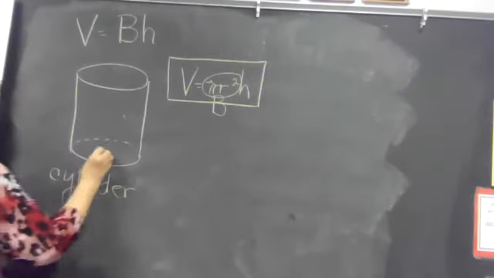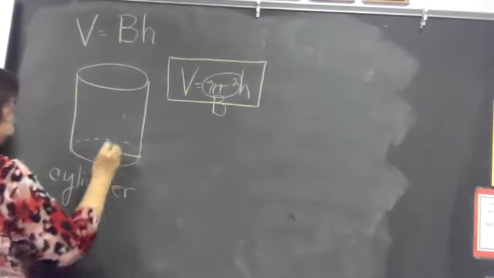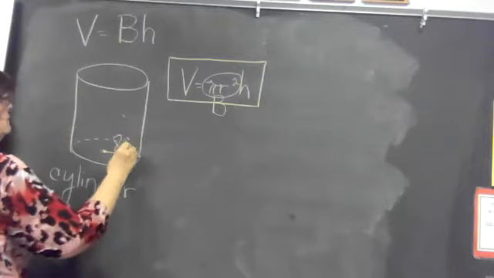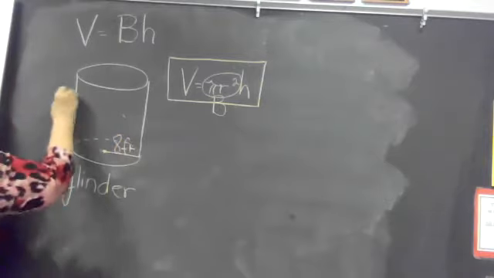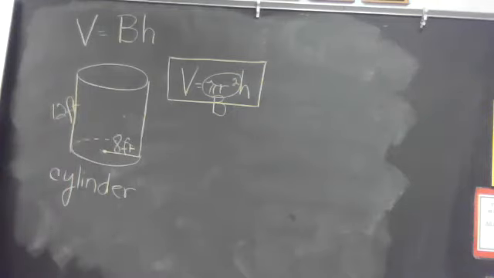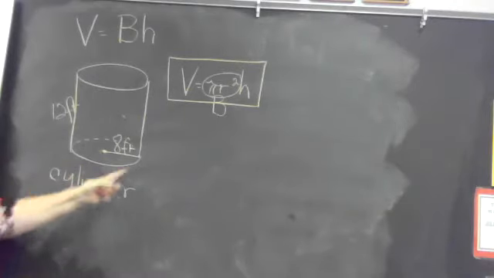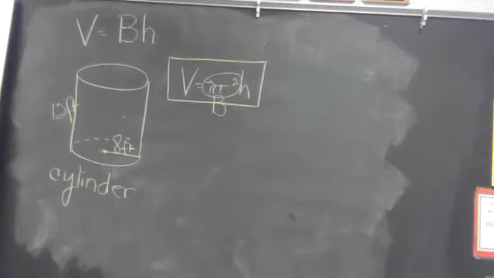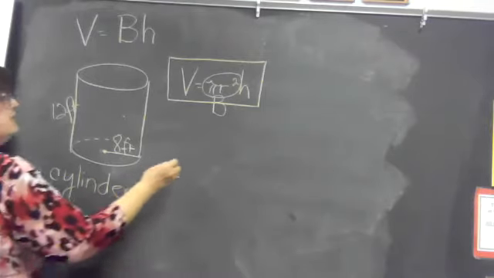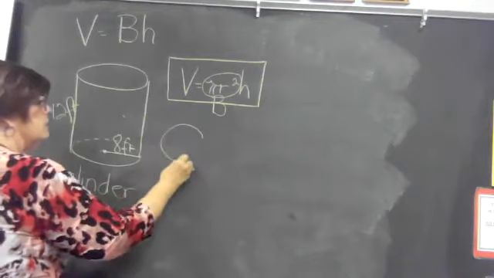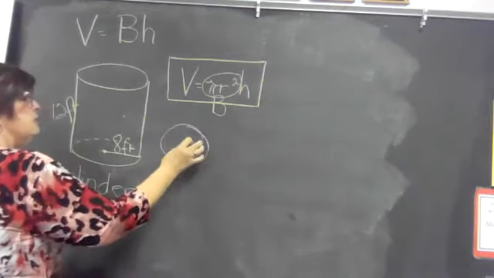Let me finish putting numbers on here. These will probably be the only numbers that you have on here. Now, we're going to have to remember, notice that the base is a circle, and what we've done up until now is just take the base out so we can look at what the base looks like.